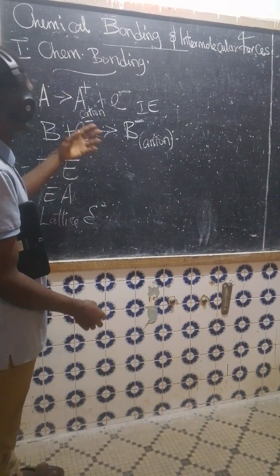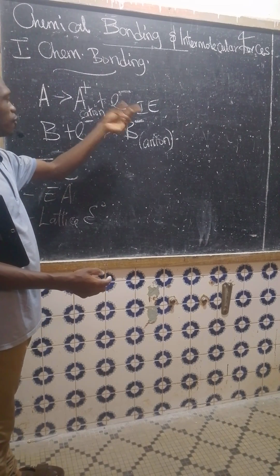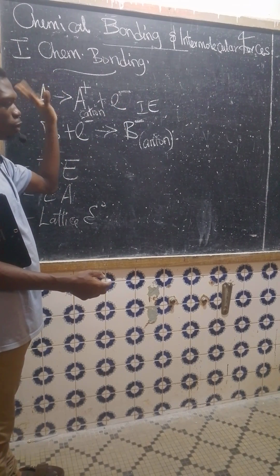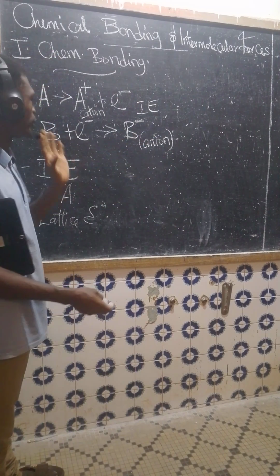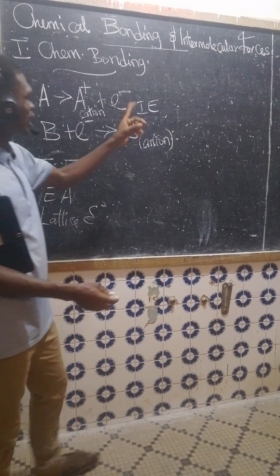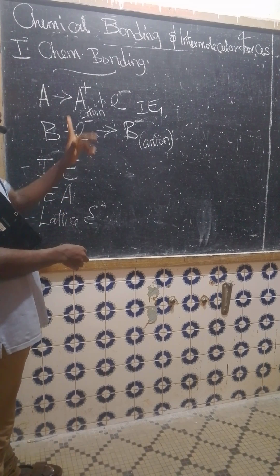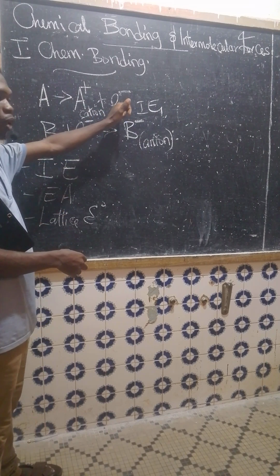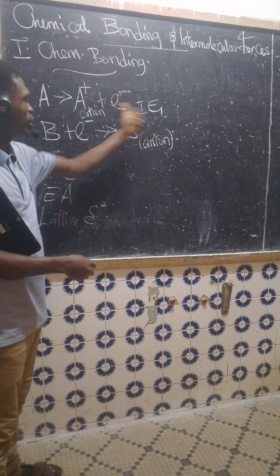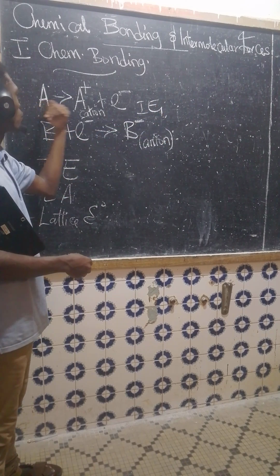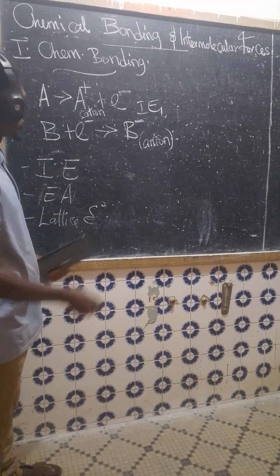It is simply the minimum amount of energy required to remove 1 mole of electrons from a gaseous atom or ion to form 1 mole of gaseous positive ions. If it is first ionization energy, IE1, it is the minimum amount of energy required to remove 1 mole of electrons from 1 mole of gaseous neutral atoms, forming 1 mole of gaseous unipositive ions.